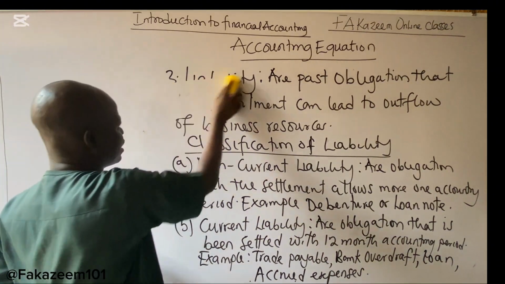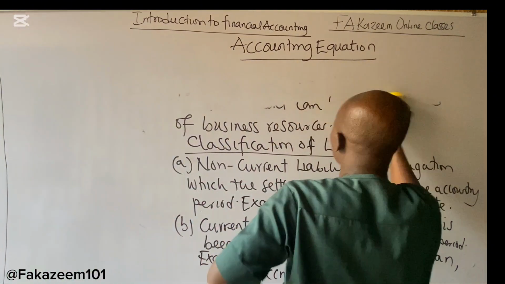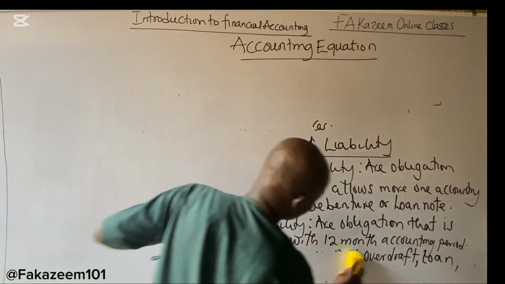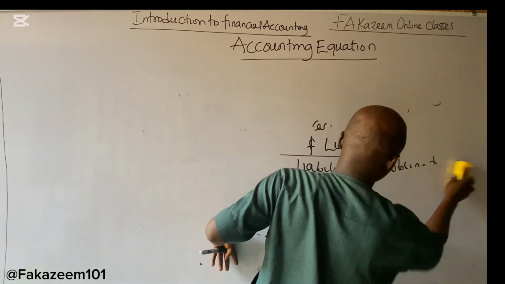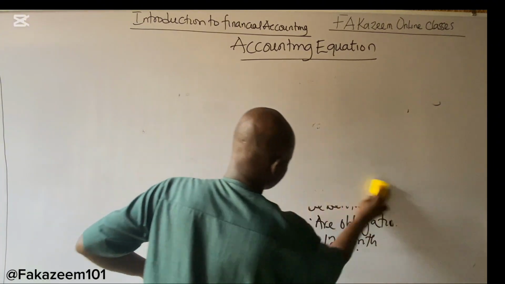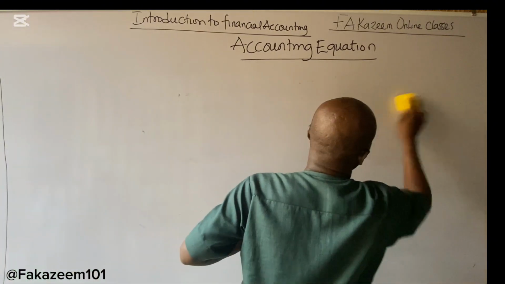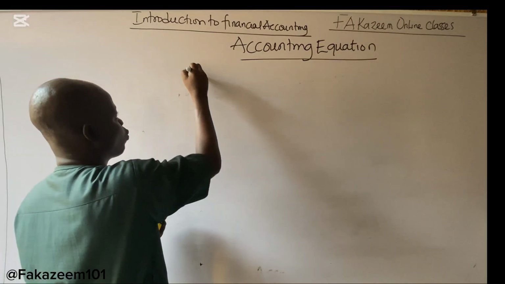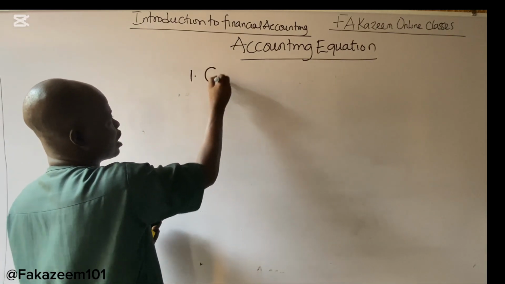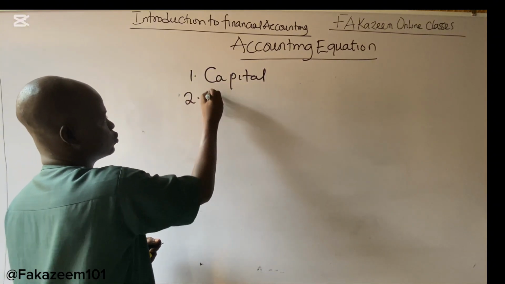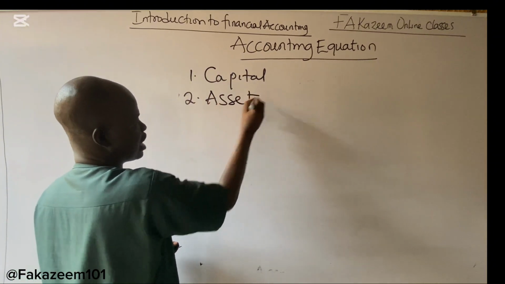Now, what are the three terminologies that we have looked at, which will be used to derive our accounting equation? One, we have looked at the meaning of capital. Two, the meaning of asset.